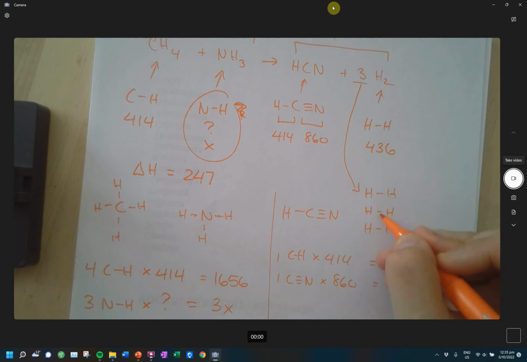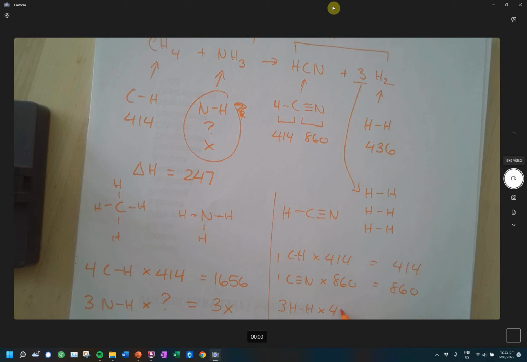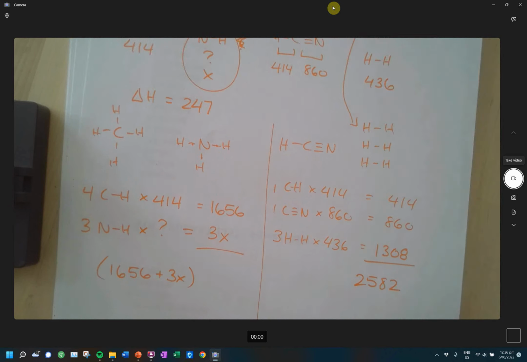So 3 HH times 436, and 436 times 3 is 1308. Again, I just add them together like I did with the previous problem, and I get 2582.